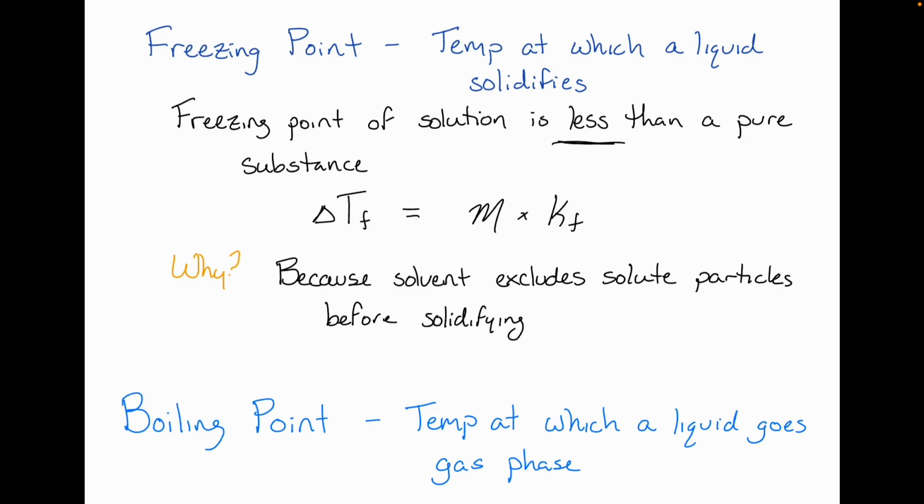And then this also explains why, if I have an even more concentrated solution, a higher molality, I have to go even lower in temperature. Because then I have that many more solute molecules I try to get out before I can actually solidify.